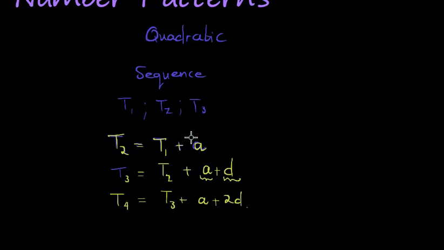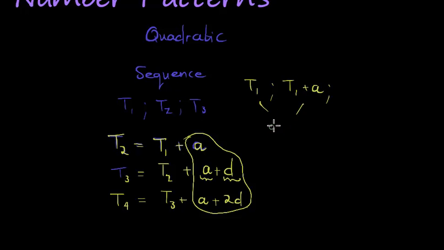Okay, so I want to show you that the difference between the terms forms a what? Look, this is the difference. So for example, there's term 1, term 2 is now term 1 plus a. Term 3 is term 2 plus a plus d.